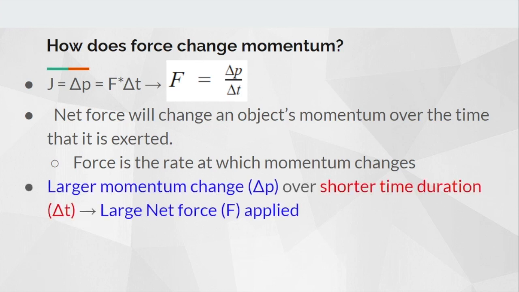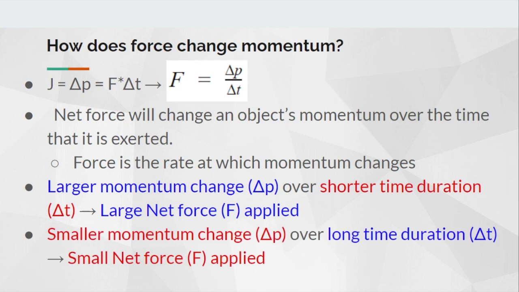An example of that is that a larger momentum change over a shorter time duration is going to result in a larger net force being applied. And on the flip side, a smaller momentum change over a longer time duration is going to result in a smaller net force applied. We'll show what this looks like at the end in an example or two.